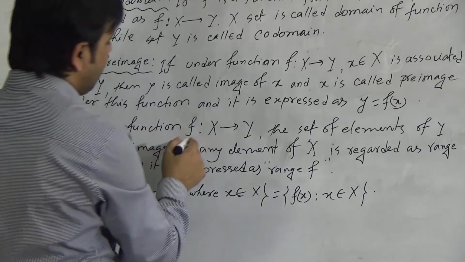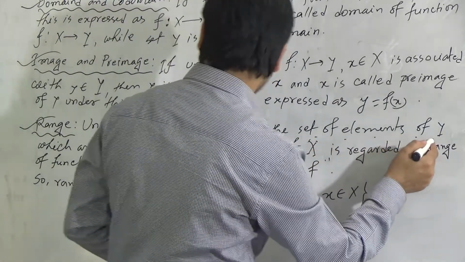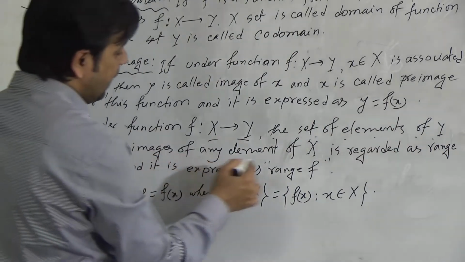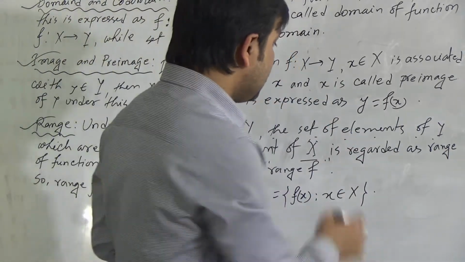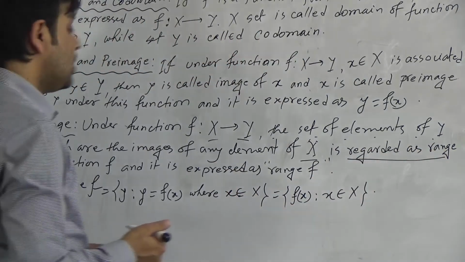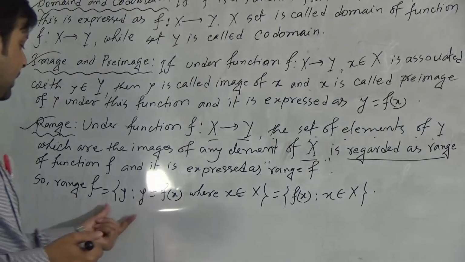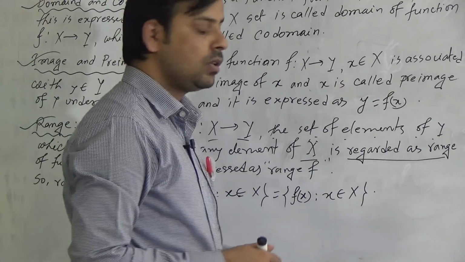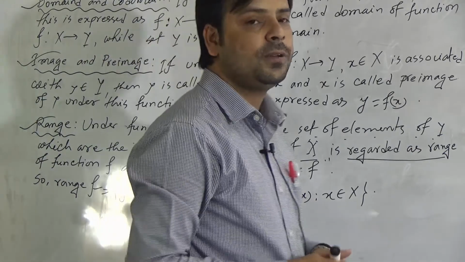If f is a function from X to Y, the set of elements of Y which are the images of any elements of X is regarded as range. So range can be denoted by range f, that is, the set of all y such that y equals f(x), where x belongs to X, or we can denote it as the set of all f(x) such that x belongs to X.